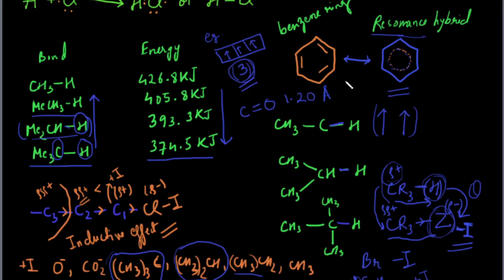In a resonance hybrid, the electronic arrangement and bond lengths will be different from those of the resonating structures. Consequently, the observed dipole moment, mu, may differ from that calculated for any one resonating structure.